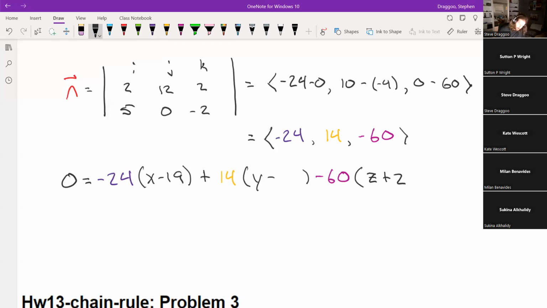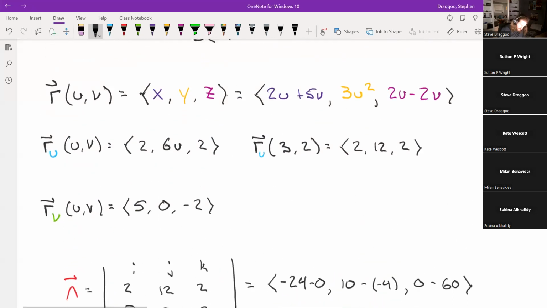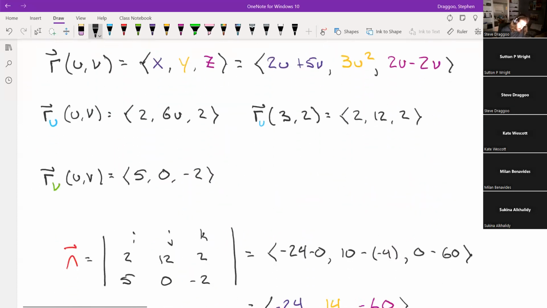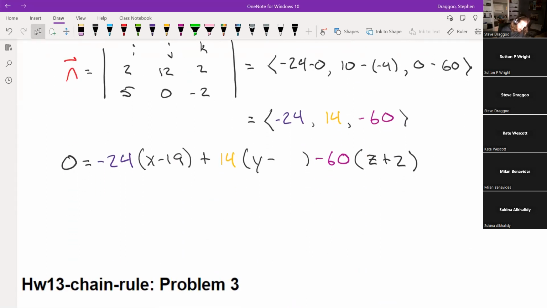That's z plus 2. Close the parentheses at the end. And what was y's value again? 12, right? 12.